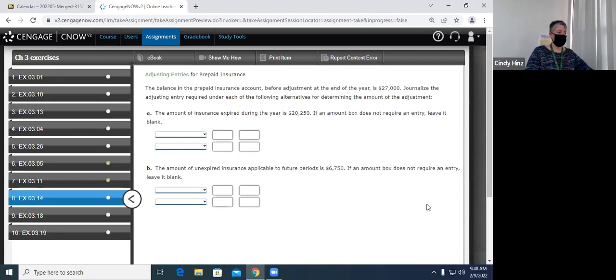Let's go to our next exercise, which is prepaid insurance. And we have talked about prepaid insurance already as one of those prepaid expenses.